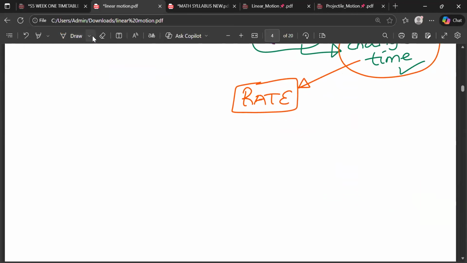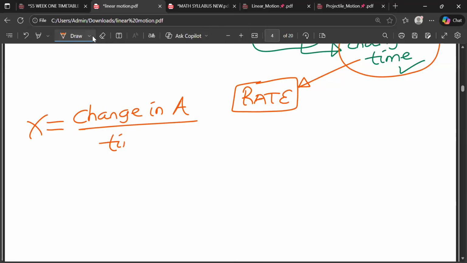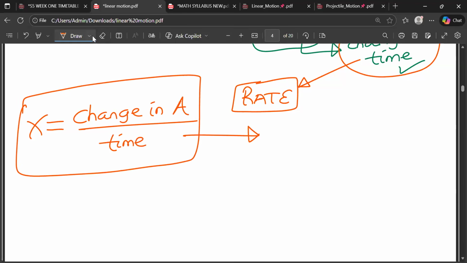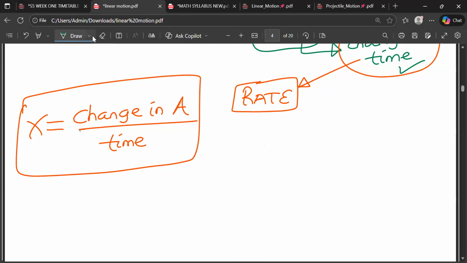How is rate used? When you have x equal to a over time, you either say that x is the change in a with respect to time, or you say that x is the rate of change of a. I've just said that and I'm not repeating because I'm not teaching you definitions. Write this in your books.